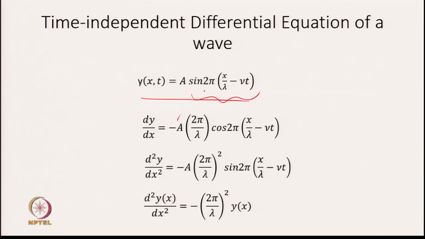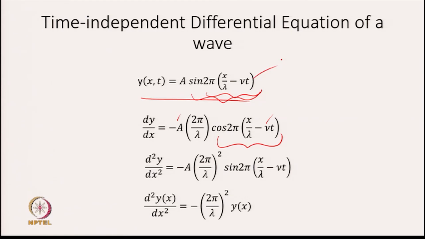Here it is sin 2 pi x by lambda minus nu t, so what I get is a into cos 2 pi x by lambda minus nu t, frequency multiplied by time. And then we need to differentiate the term inside the sine, which will be 2 pi by lambda, since t is constant.